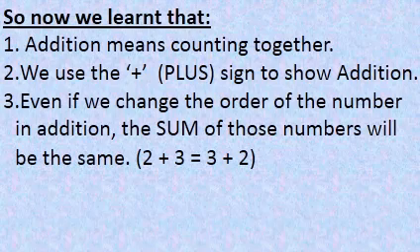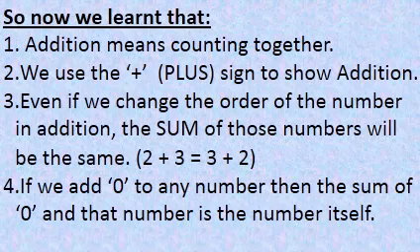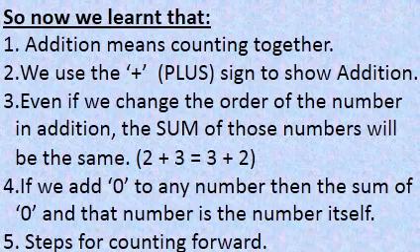For example, 2 plus 3 is same as 3 plus 2, that is 5. If we add 0 to any number, then the sum of 0 and that number is the number itself. And the last thing, we learnt the steps for counting forward.